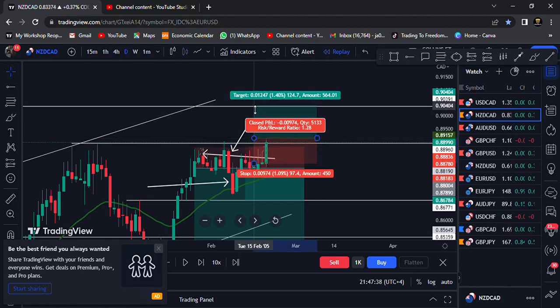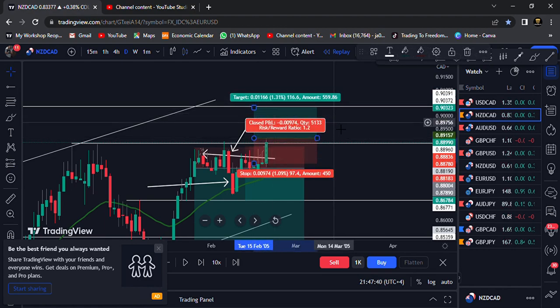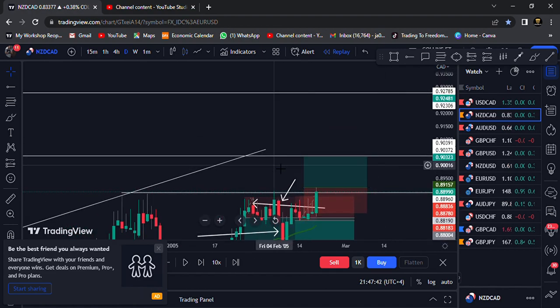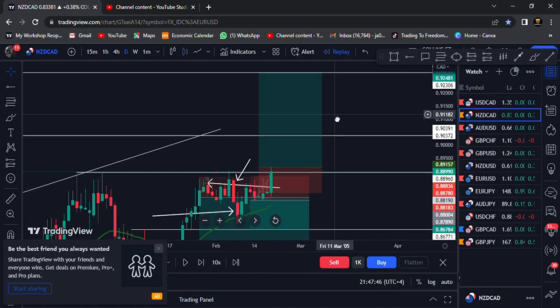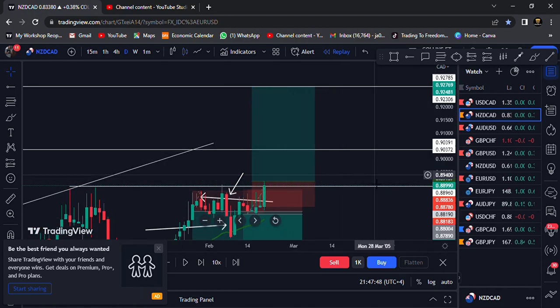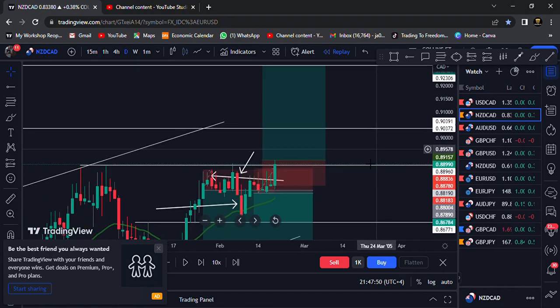With this, first we take the first TP here, but we are expecting price to reach right here. It's not just going to go up straight, but we're expecting price to reach that level.